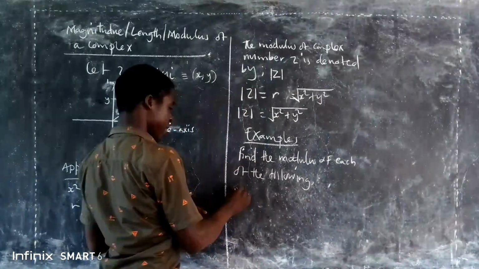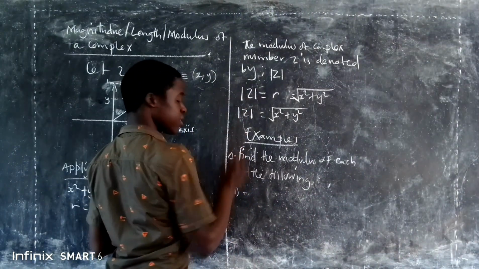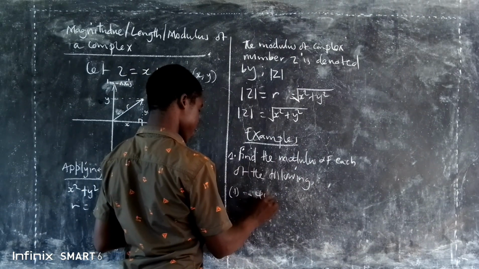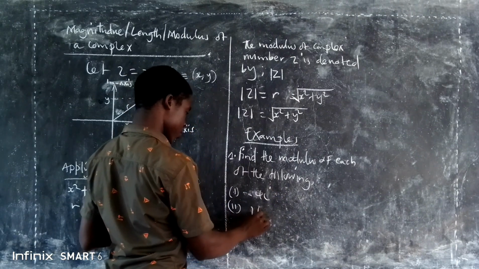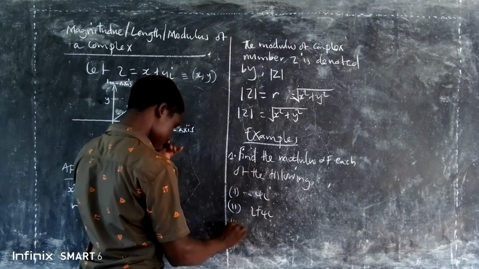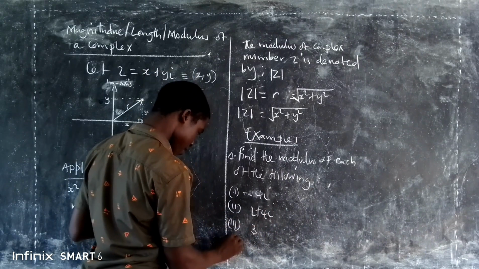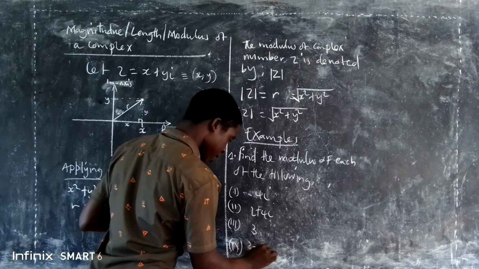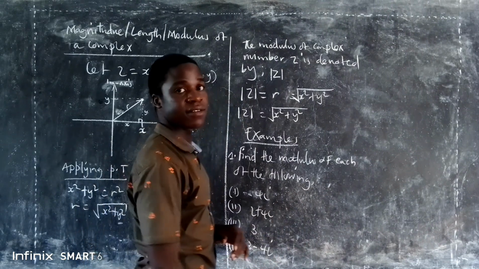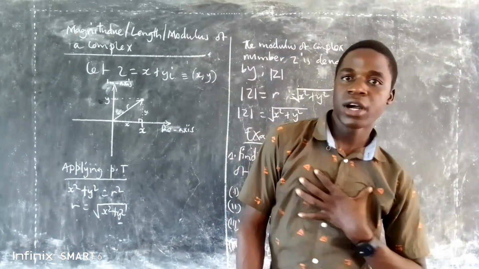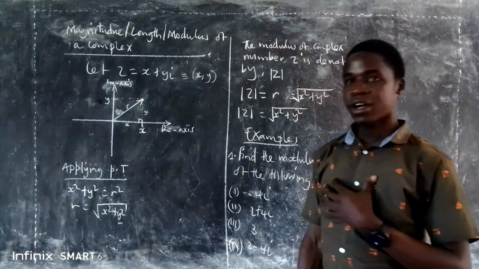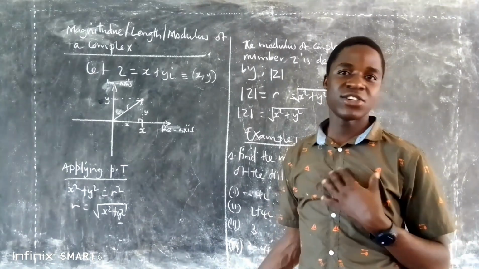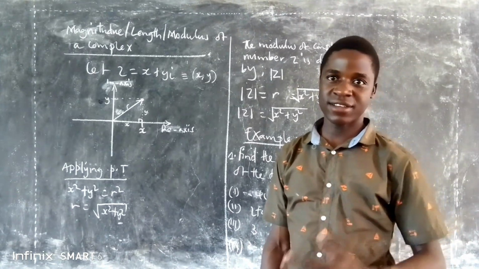Number 1 is 0 plus 4i, number 2 is 0 minus 4i, number 3 is 3, and number 4 is 3 minus 4i. So you can look at this and see whether you are able to get the modulus of each complex number here. Let us see.